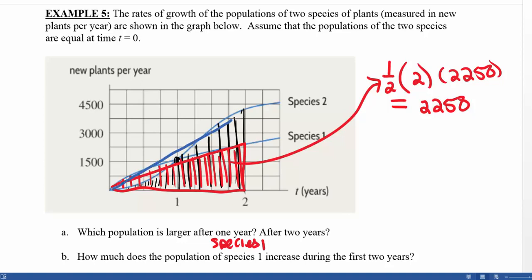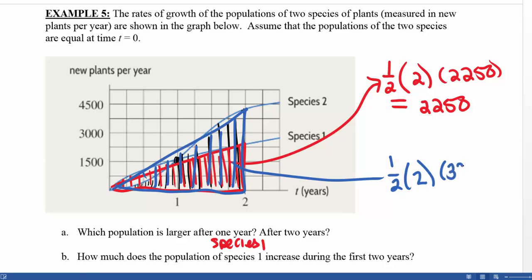And then for species 2, I'm going to do something similar where I'm going to approximate this using a triangle. So here, the area under this curve, I'm going to do 1/2 base. Now my height is quite a bit higher than it was for our first species. So I'm going to approximate that to be approximately 3,900. It's a little bit above the halfway point, which is 3,750. So partially between 3,750 and 4,500.